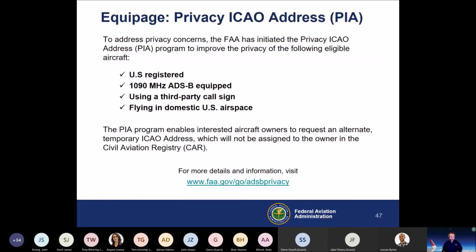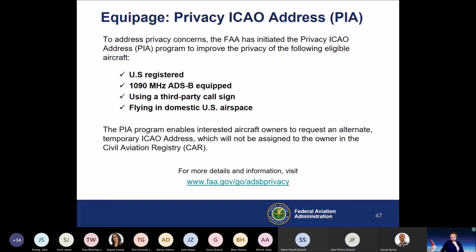Well, we considered this problem and came up with a solution, which is a government-run website where you can go in if you want to request a private ICAO address. Normally your ICAO address is linked in the aircraft registry. You can look up exactly who is operating a particular aircraft.